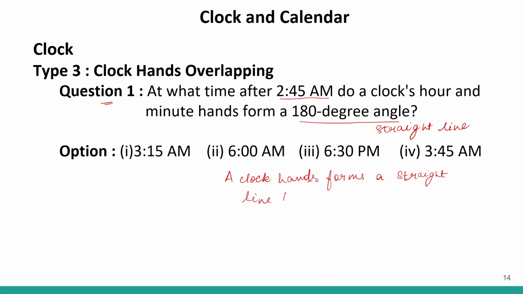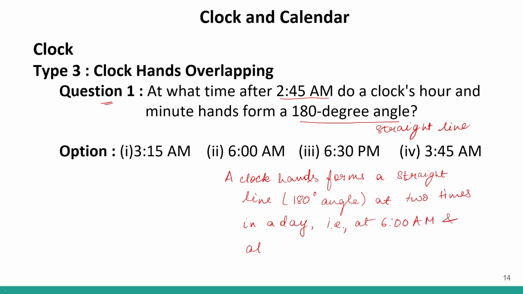Straight line means 180-degree angle at 2 times in a day. And what are the times? That is at 6 am and at 6 pm. So only at these 2 times the clock forms a straight line.